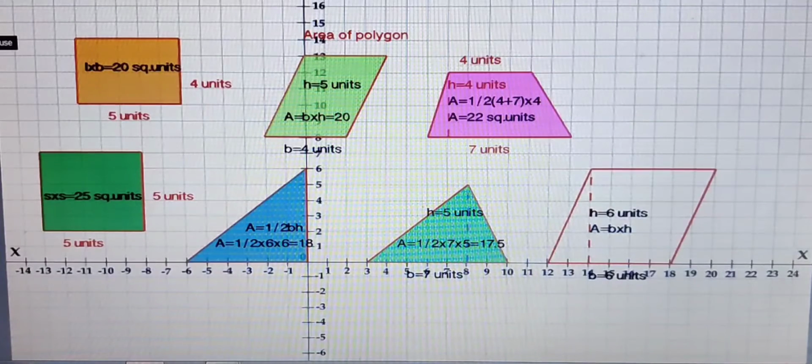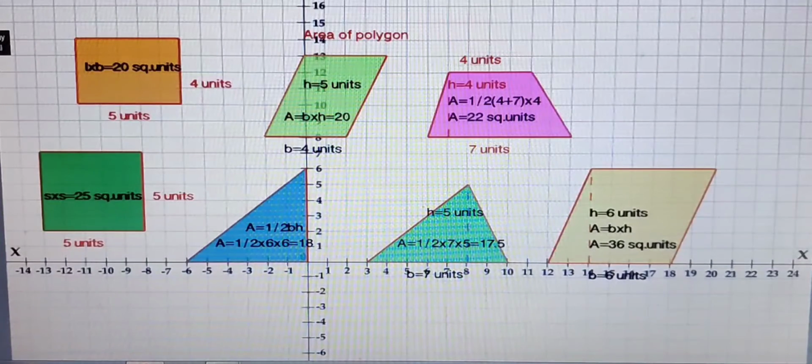This is a rhombus. I think all of you understand how to find the area of polygons in the coordinate plane. Here is the area of square, rectangle, rhombus, parallelogram, trapezium, right triangle and triangle.